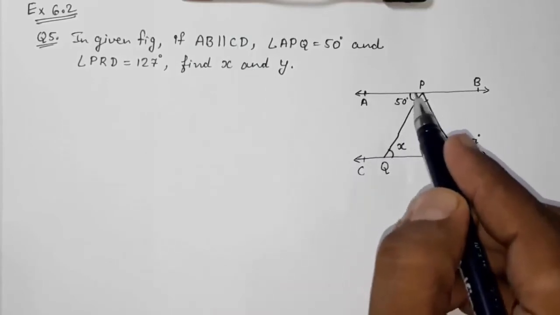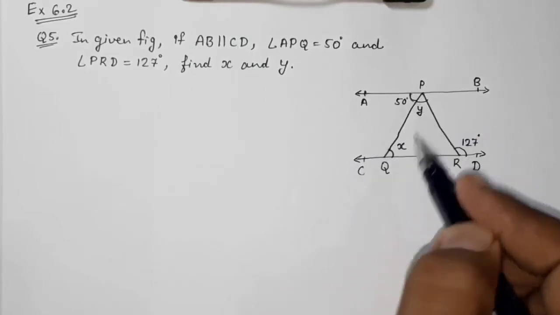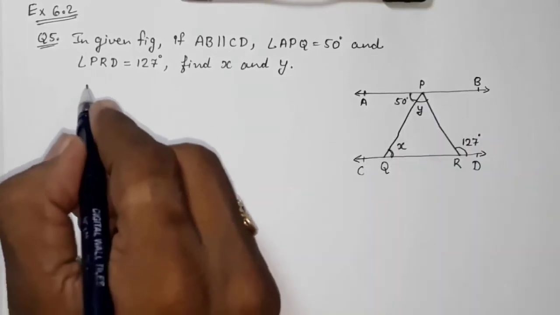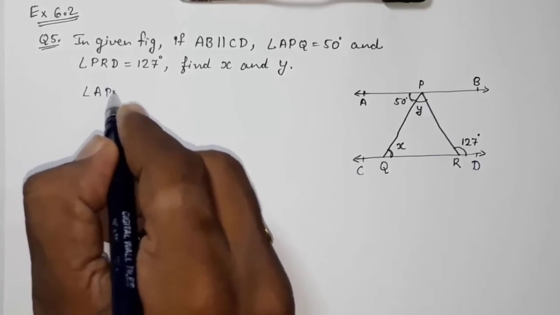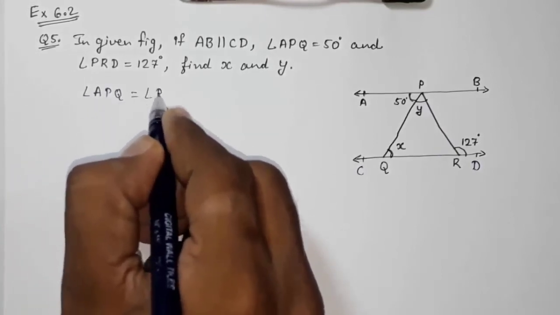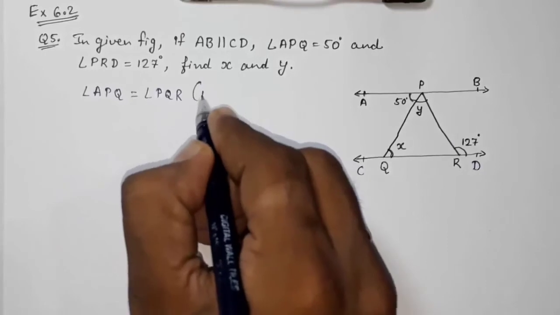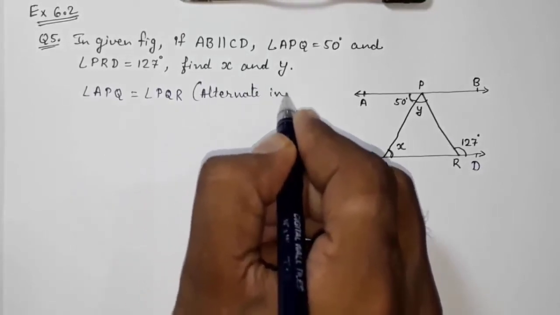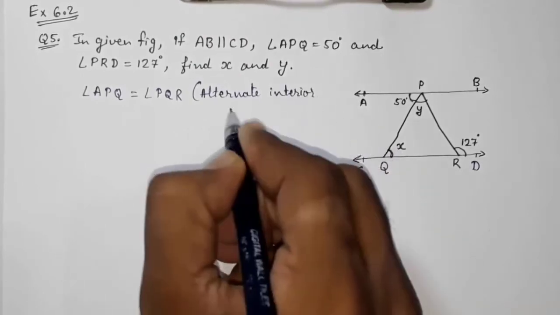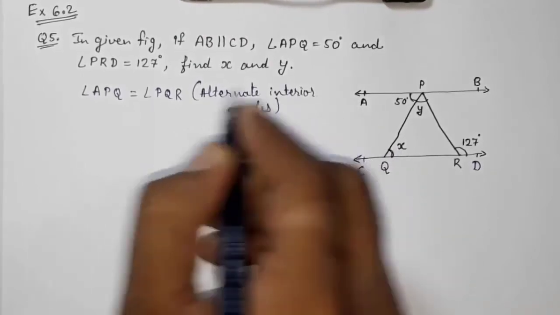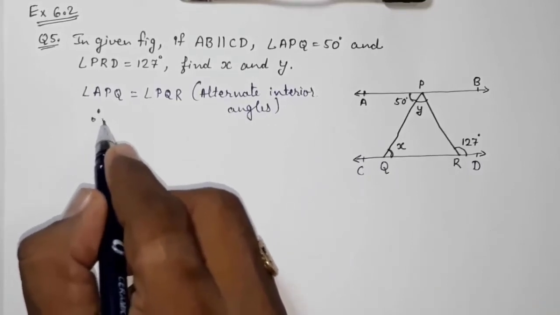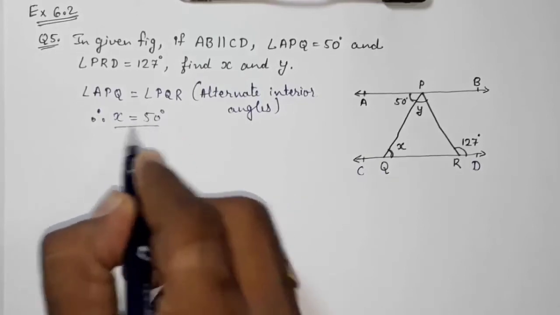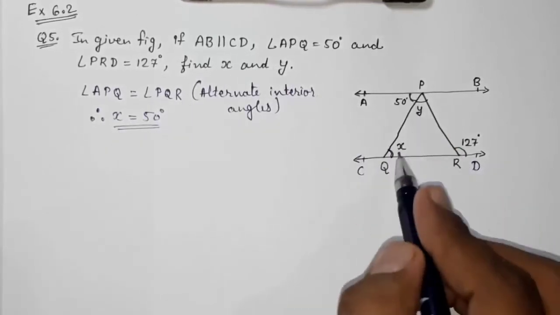So if these two are parallel and PQ is the transversal, this angle will be equal to this angle by alternate interior angles. Directly I can write angle APQ is equal to angle PQR, alternate interior angles, and therefore X is equal to 50 degrees, because they told us to find out X. So this will be 50 degrees.